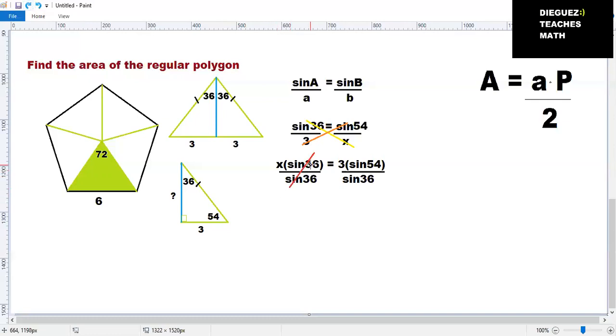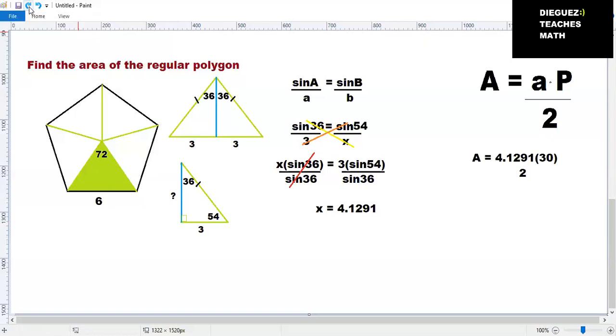On the left side, sine of 36 cancels out. On the right side, I end up with 3 times sine of 54 divided by sine of 36. So we end up with x equals 4.1291. And what that means is that my apothem measures 4.1291.